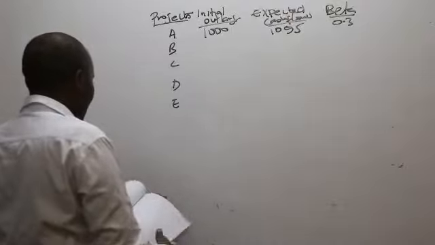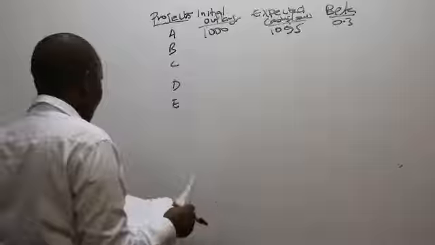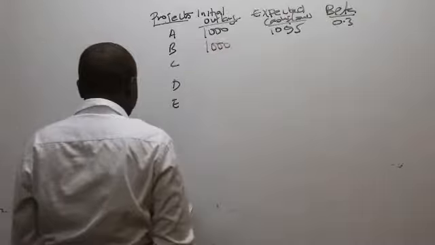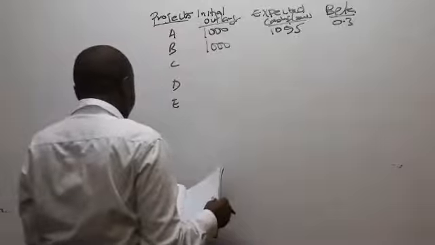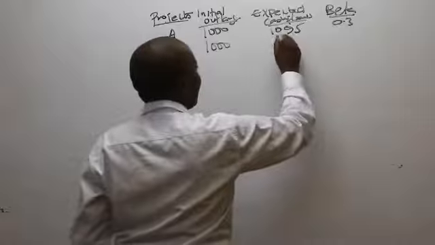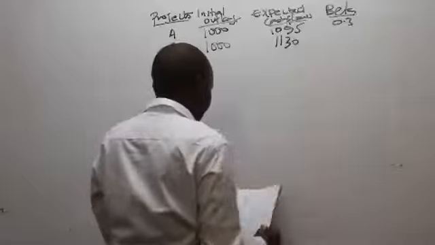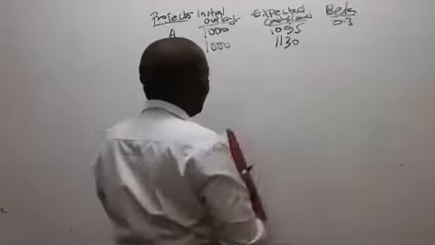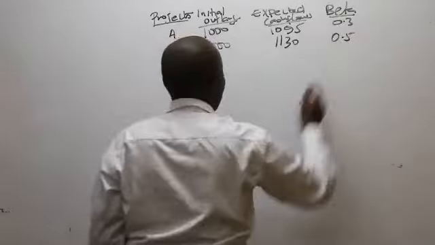So that is A. After that, we go to B. Again, they have given me 1,000, 1,130, and then we have a beta of 0.5.